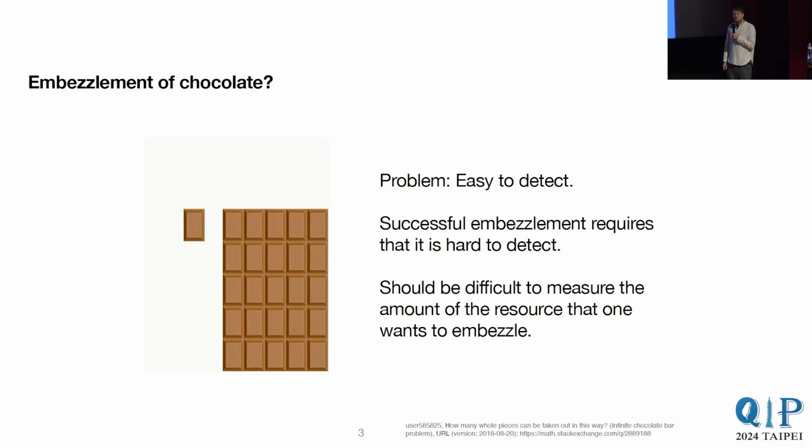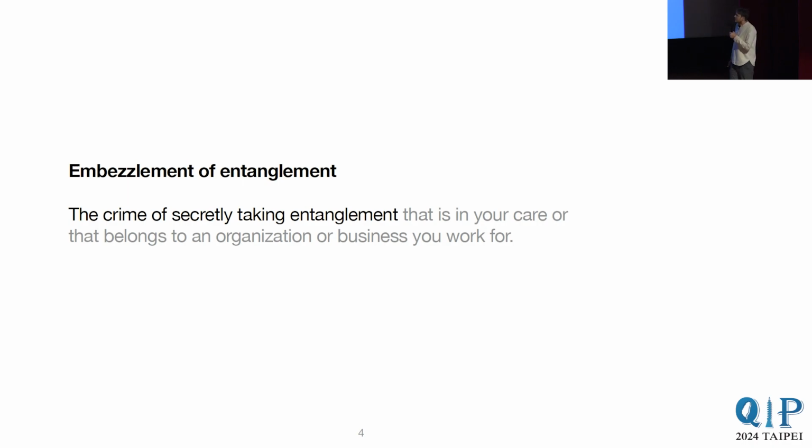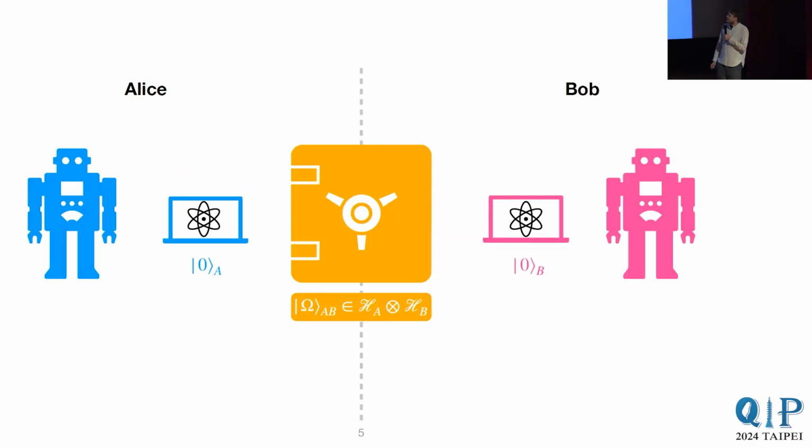Now, today, of course, we're not interested in embezzling money or chocolate or any of these worldly things. We are quantum information scientists, and we are interested in entanglement. So we want to embezzle entanglement. When we do that, what we have in mind is a bipartite scenario where we have Alice and Bob. So we have our big robot, very big here, Alice and Bob.